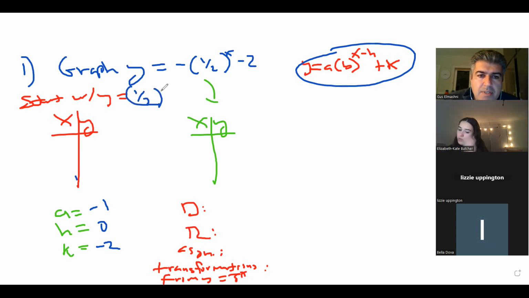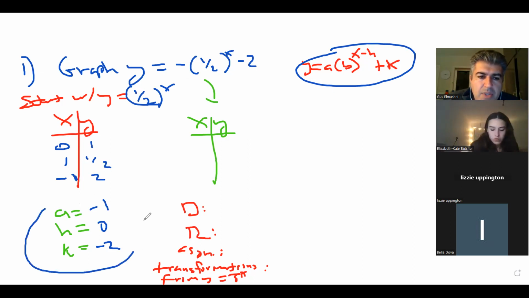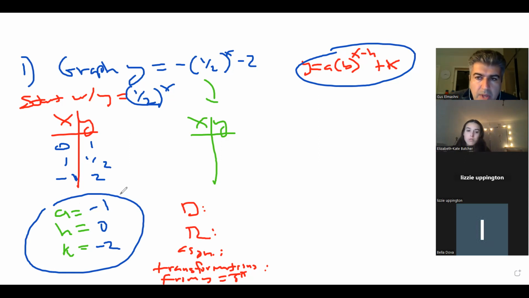The parent function is y equals 1/2 to the x, and usually I do 1, 0, 1, -1 for the parent function. Plug in 0, you get 1, 1/2, and 2. And how am I using h and k? I use those values to make adjustments to the parent function. It's not shifting horizontally because h is 0, since nothing is being added or subtracted directly to x, so I can keep the same x coordinates.